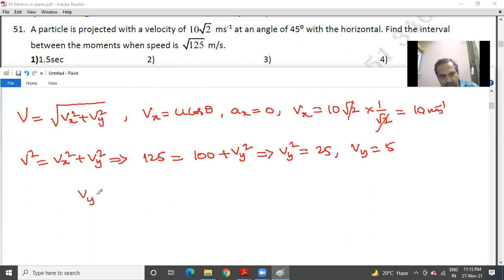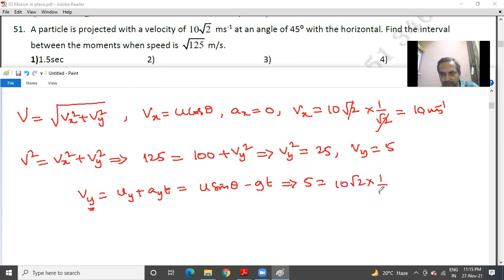Now we also know that the vertical component after t seconds is uy plus ay t. So the initial velocity in the vertical direction, after resolution, is u sin theta minus gt. So we got vy here, therefore this is going to be 5. u is once again 10 root 2, sin 45 is 1 by root 2, minus g is 10. So we need to find t.